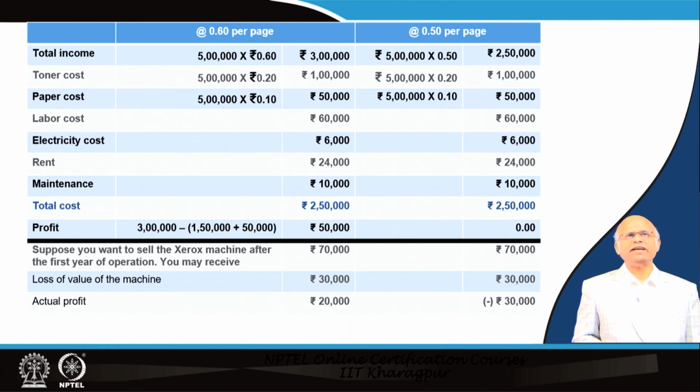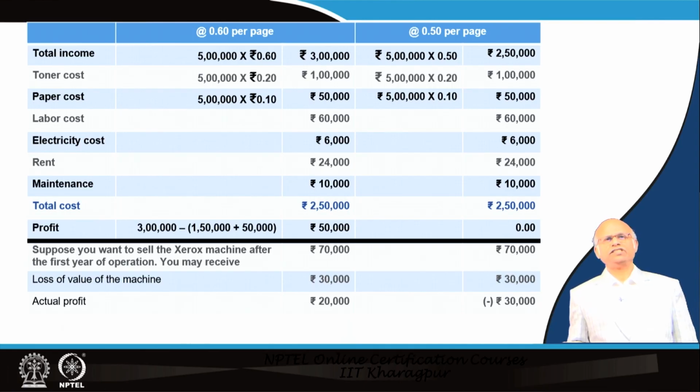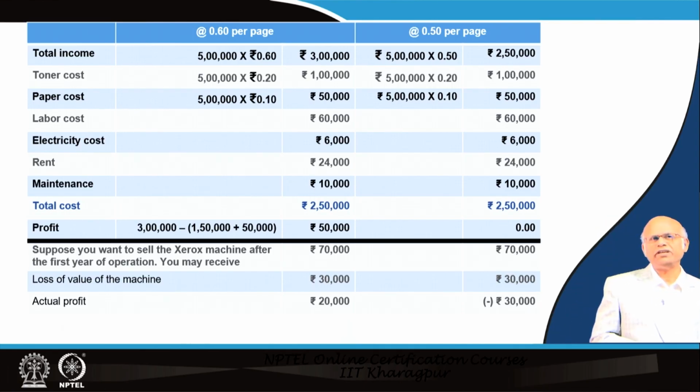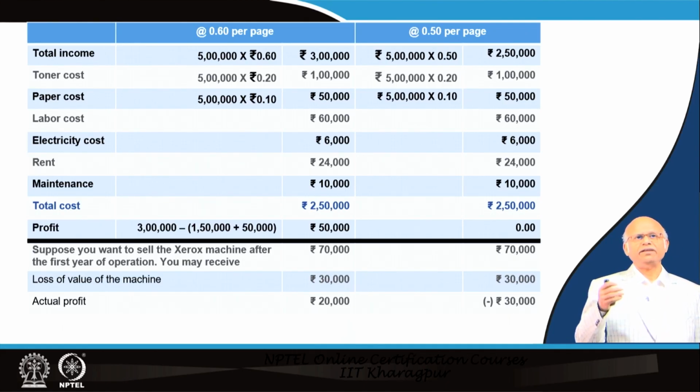Considering that your labor cost is 60,000 and electricity cost is 6,000, these are all ballpark lump sum figures. So, total cost becomes 2,50,000 in both the cases. In one case sales is 3 lakh, in the other case sales is 2,50,000. So, when your sales is 3 lakh, your profit is 50,000.